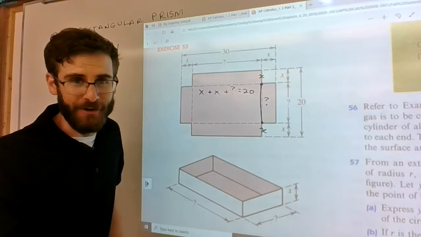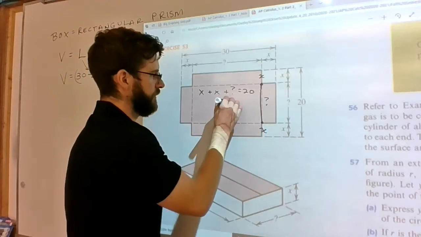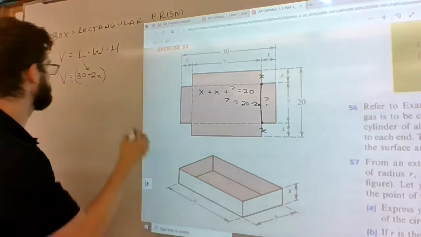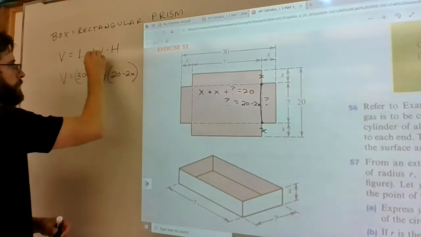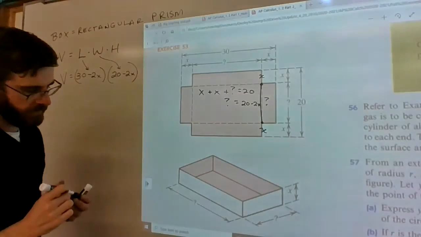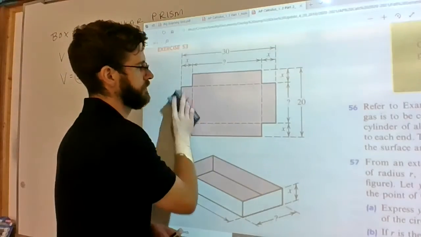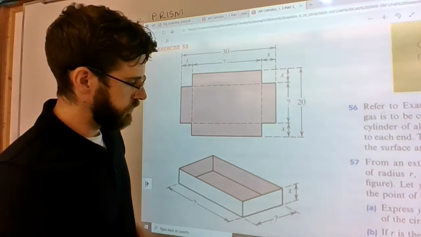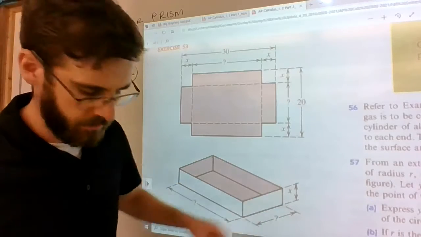But again, you see the pattern, right? It's going to be 2x here, and then you subtract it to the other side. So the question mark is 20 minus 2x. That's our width. Last one, height. Oh, they tell us. The box is x units tall.